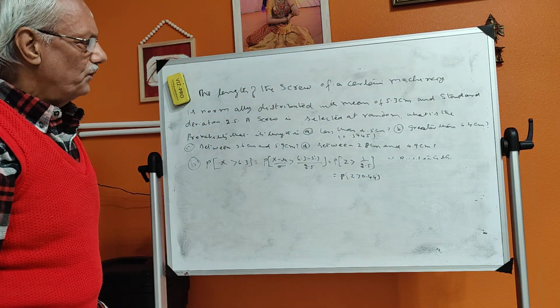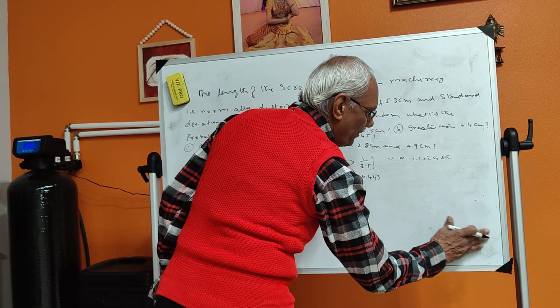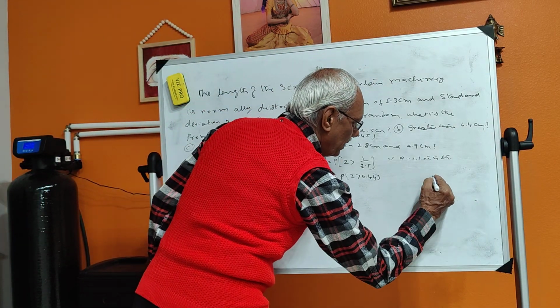So you get 0.4. Now, having found the value of this, go to the table.